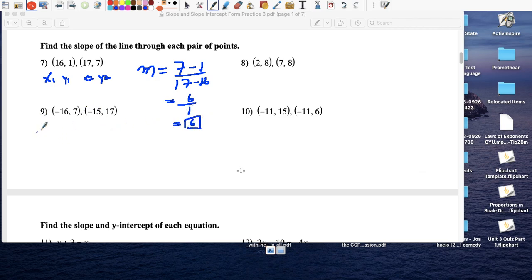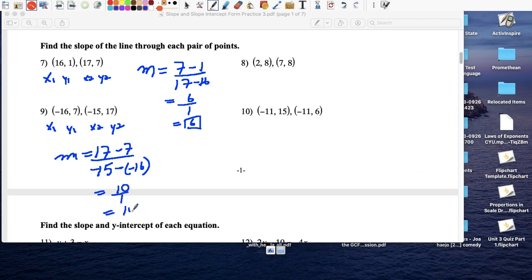For number 9, x1, y1, x2, y2. So slope is 17 minus 7, and then at the bottom is -15 minus -16. 17 minus 7 is 10, and -15 plus 16 is just 1. Right, here's our slope, 10.